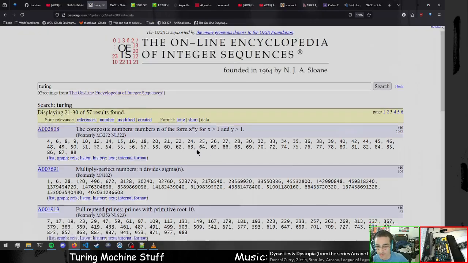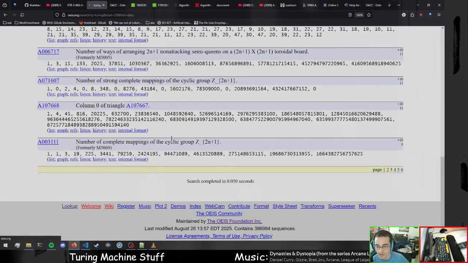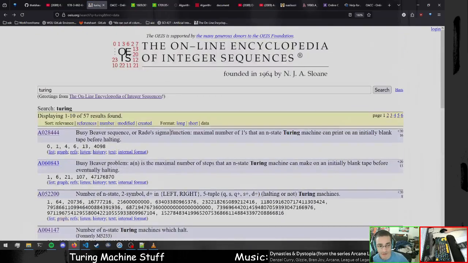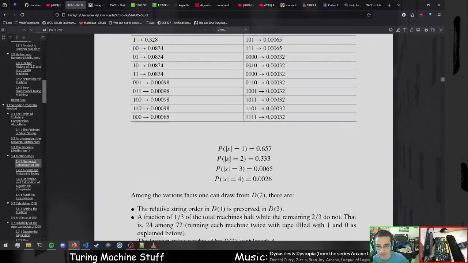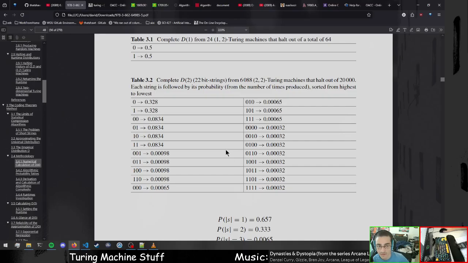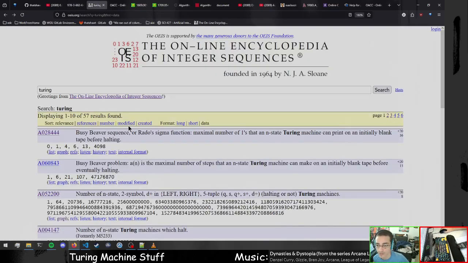Why would they... This has no relation to Turing. I mean, it does, technically, but whatever. Alright, I'm gonna have to read this. And, okay. Let's keep reading this.